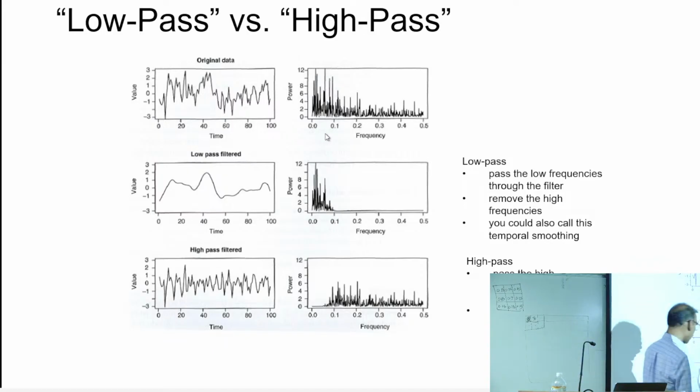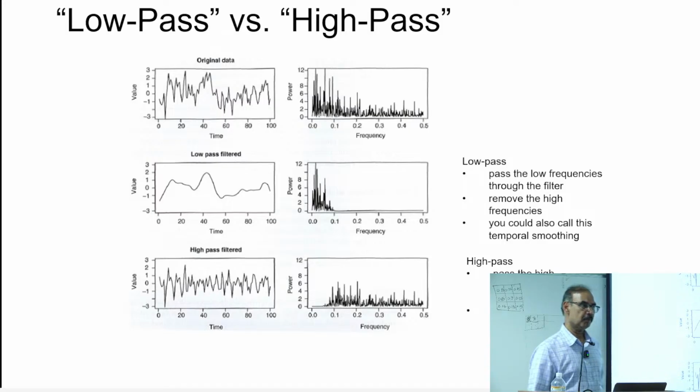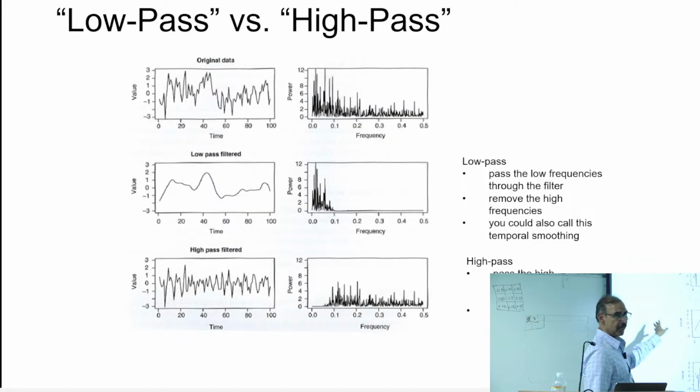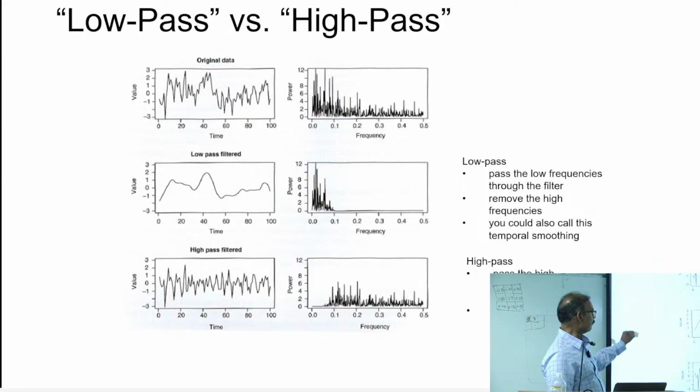For the high pass filtered data, this is how the frequency spectrum looks. This looks much noisier, so maybe corresponding to the respiration signal. You could take any time series signal, decompose it into low pass and high pass, do seed-based analysis, and see what you get.